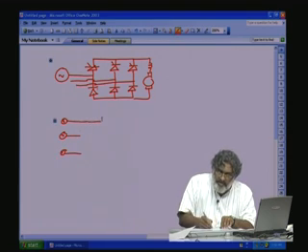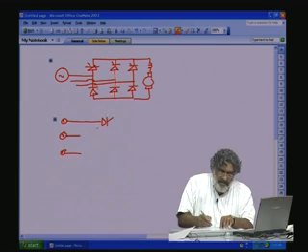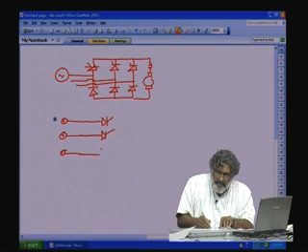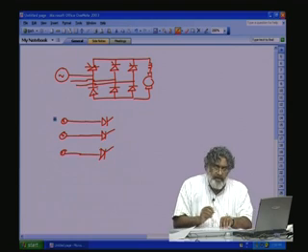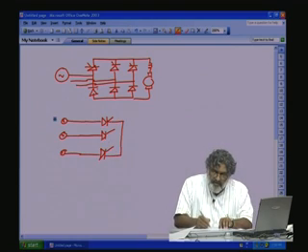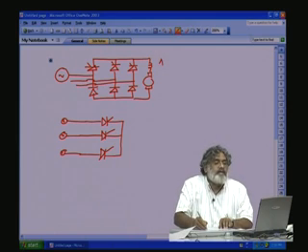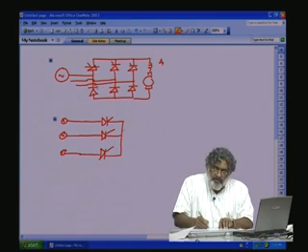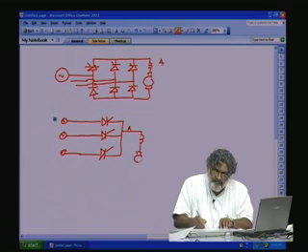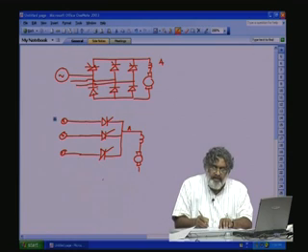So, the positive side it will be like this. This is our A side. To the A side, we will connect the load. Similar way, the diodes are like this.